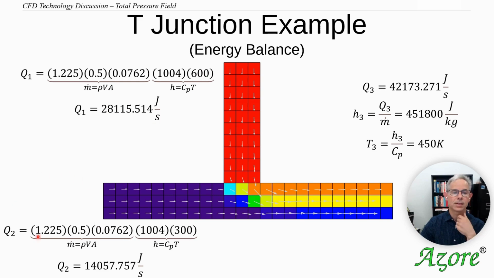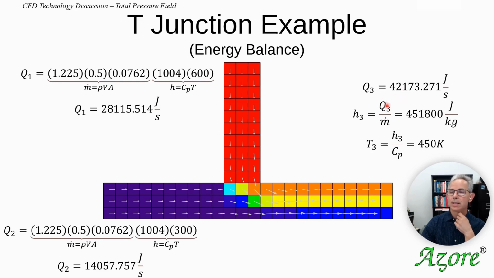We can do a similar calculation down on our cold side, which gives us another joules per second entering our domain. Once we know those two numbers, we can add them up and come up with how much energy is leaving this system right here. Then we can use our relationships to come up with the appropriate temperature that represents the conservation of energy.